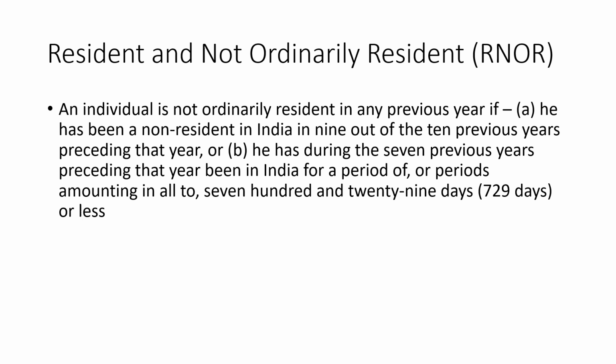If he has not fulfilled the conditions, he would be deemed to be RNOR. That means if he has not been resident in 2 years out of 10 years, or if he has stayed less than 730 days, even if he has stayed 729 days, he would be RNOR.